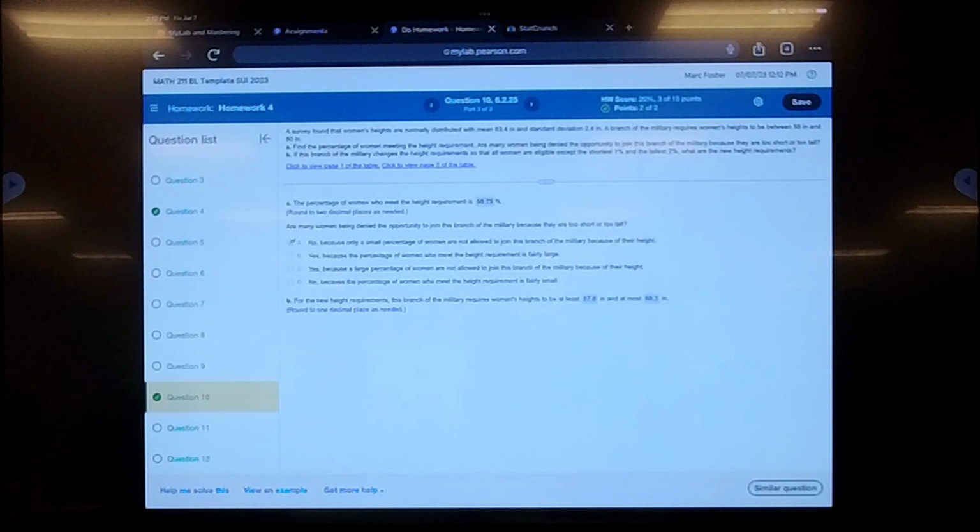Let's go with this. Now, are many women being denied the opportunity to join? Not because when I'm making it 75, so no, because only a small percent of women are not allowed. Okay. No, very small, right? It'll be this one. Because only small, right? Right.